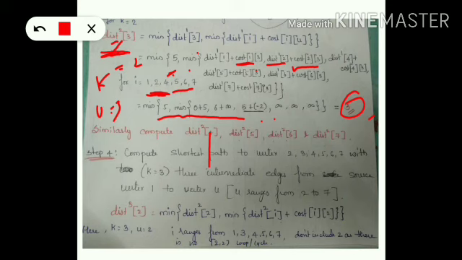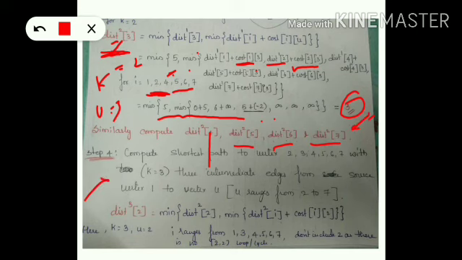Similarly, we are supposed to calculate dist 4 raised to 2, dist 5 raised to 2, the distance of reaching vertex 6 with 2 intermediate edges, and also the distance of reaching vertex 7 with a minimum of two intermediate edges.